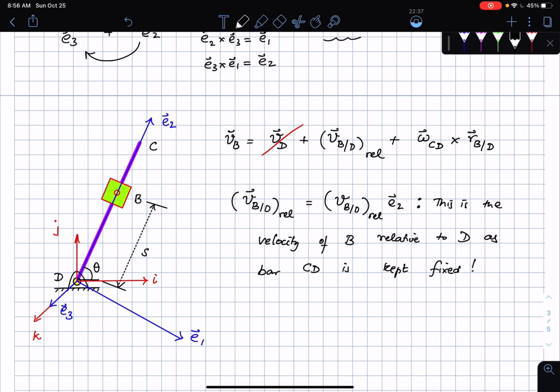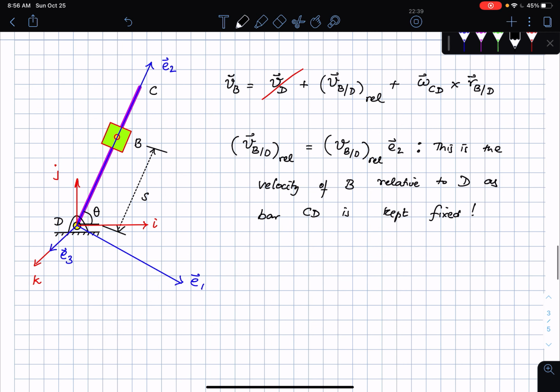And then for omega CD, I already know RB slash D is going to be S times E2, which is 1.07 E2. So this is what I have here.